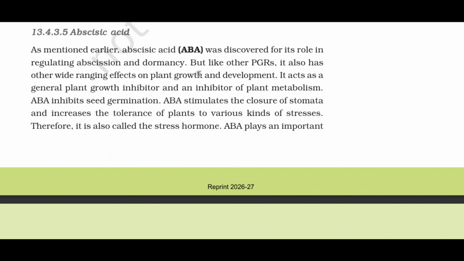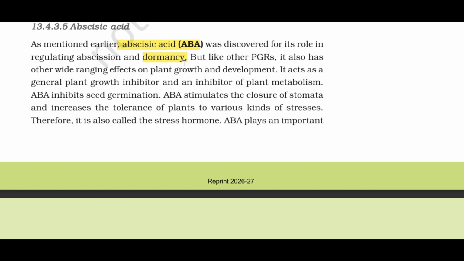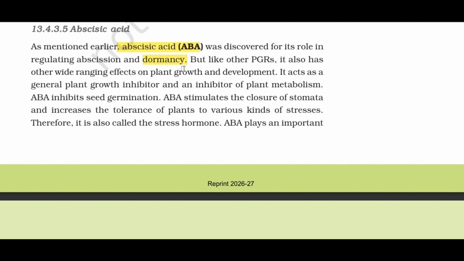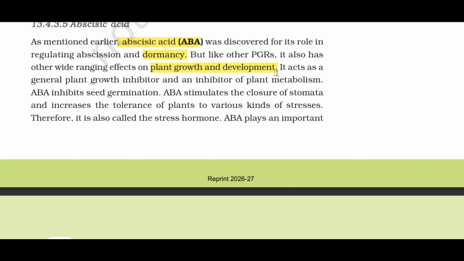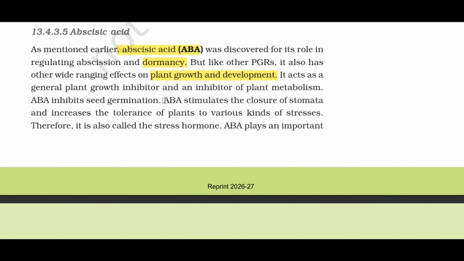Abscisic acid. As mentioned earlier, abscisic acid, ABA, was discovered for its role in regulating abscission and dormancy. But like other PGRs, it also has other wide-ranging effects on plant growth and development. It acts as a general plant growth inhibitor and an inhibitor of plant metabolism. ABA inhibits seed germination.